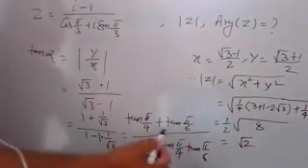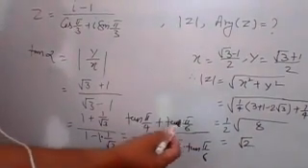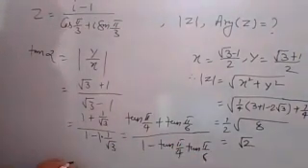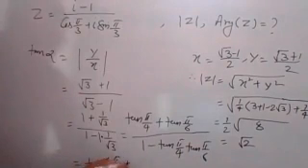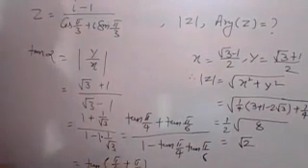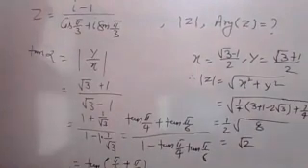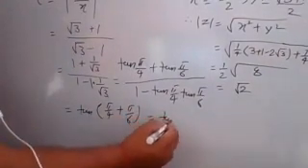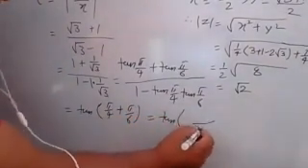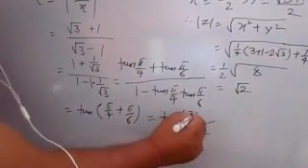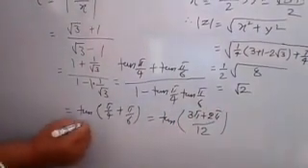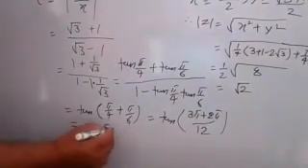And here you have an identity of tan a plus tan b upon 1 minus tan a tan b is equal to tan a plus b. So you have tan of pi by 4 plus pi by 6. Okay. Now taking LCM and simplifying it, LCM is here 12. So 3 pi plus 2 pi. So you have tan of 5 pi by 12.